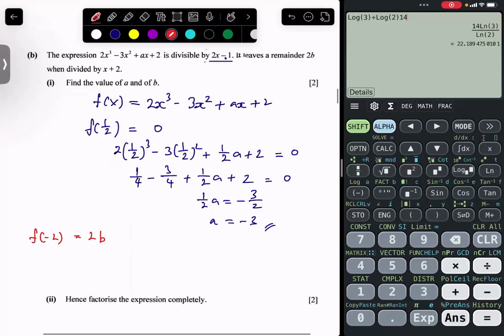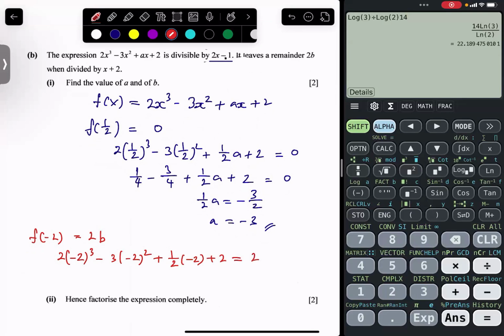So let's do it. 2 times negative 2 cubed minus 3 times negative 2 squared plus a times negative 2 plus 2 equals 2b.